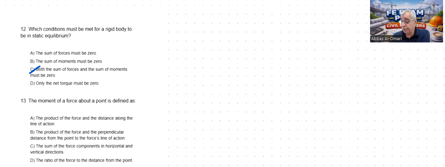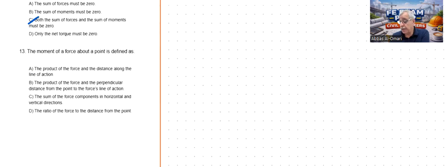Next question. The moment of a force about a point is defined as. Now we know that the moment is force multiplied by distance. Now the distance should be the perpendicular distance between the force line of action and the point where we want to determine the moment.